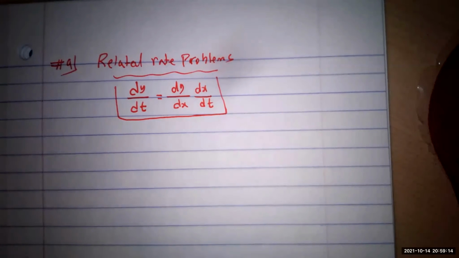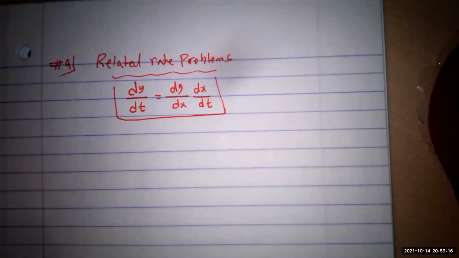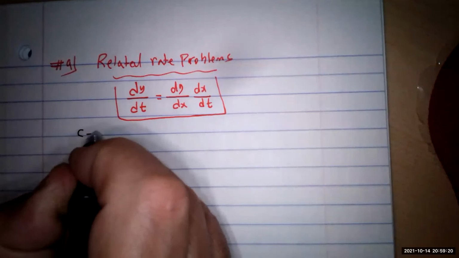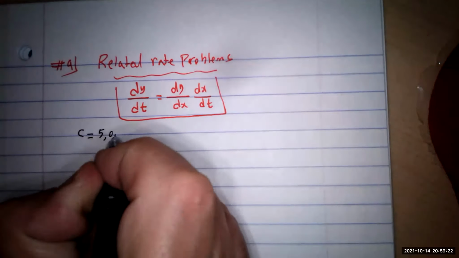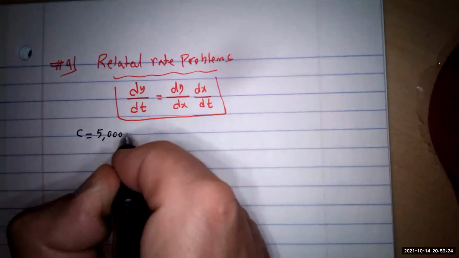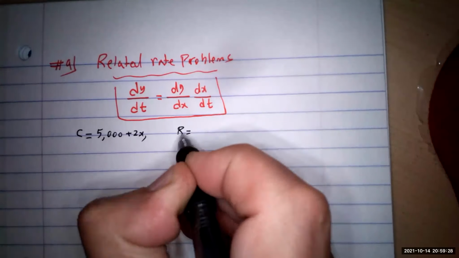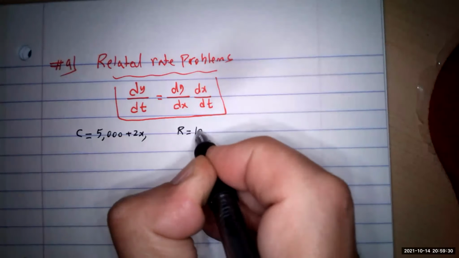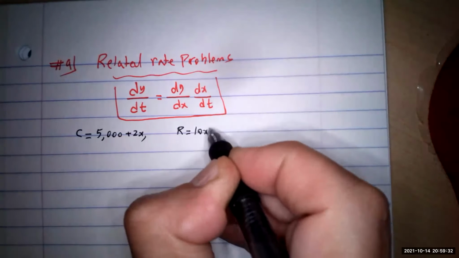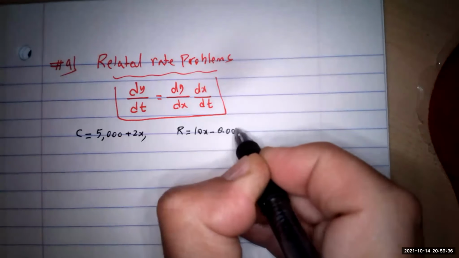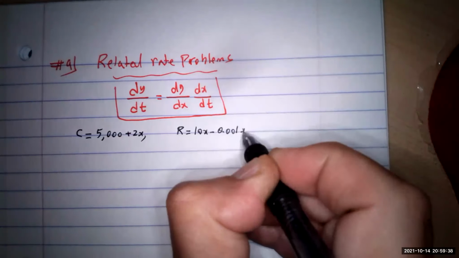So in this problem, we have the cost function. You see, the cost function is 5,000 plus 2x. We have the revenue function, which is 10x minus 0.001x squared.